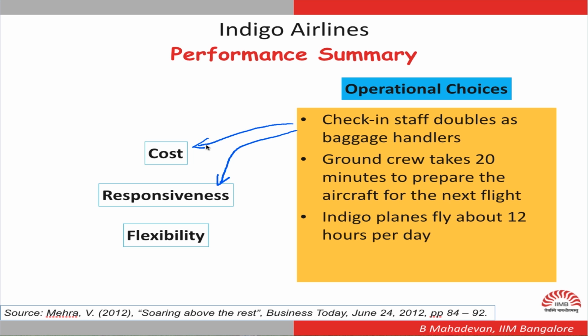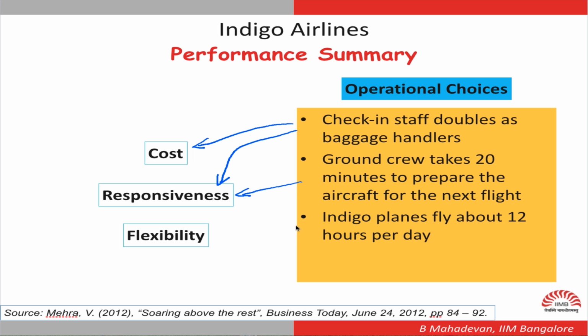Another example, the ground crew takes 20 minutes to prepare the aircraft for the next flight. It is a certain operational choice that they have made, which very clearly indicates that it will improve their responsiveness, or it will have an impact on responsiveness. Look at this third aspect. Indigo planes fly about 12 hours per day. So what it means is the asset utilization is better.